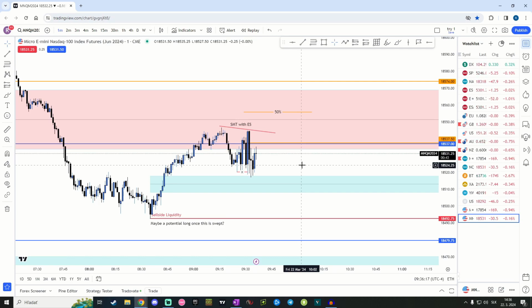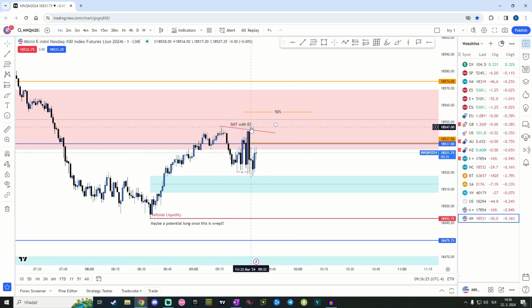So let's see. I'm not trying to build any strong bias yet. I will need to demand more from the market. And even to think if we are going to sweep these highs and favor some short, I'm not sure. For now, it's quite a tough condition.